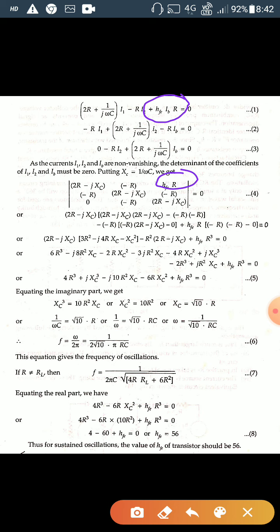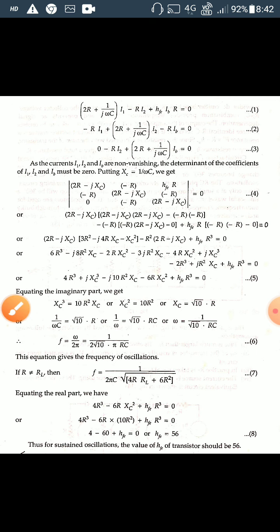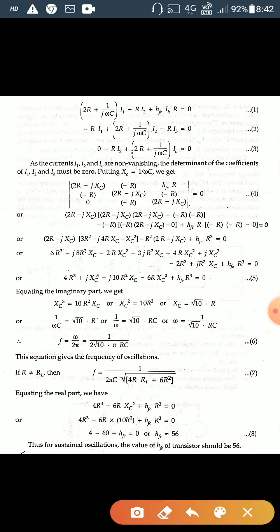The same way for the second equation, the coefficient of I1 is minus R, so it is written as minus R. For the I2 term, the coefficient is 2R plus 1 by j omega c, which can again be written as 2R minus j Xc.